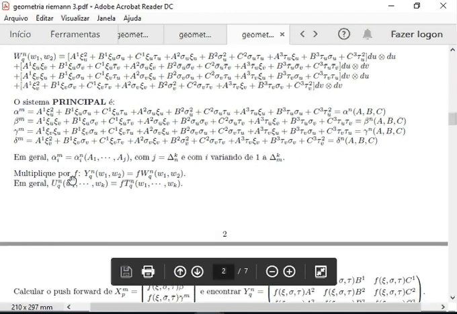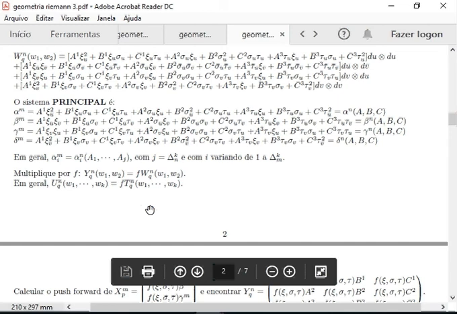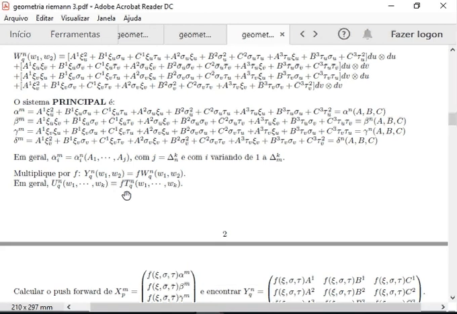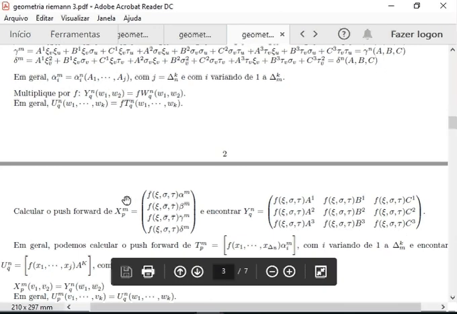And now let's multiply by F. Big Y Q N at W1, W2 equals F big W Q N at W1, W2. Generally, U Q N is equal to F T Q N at the same wi.